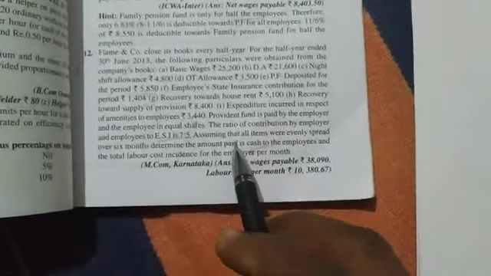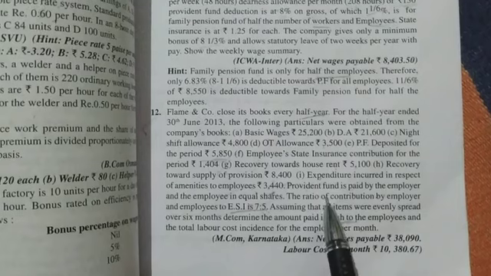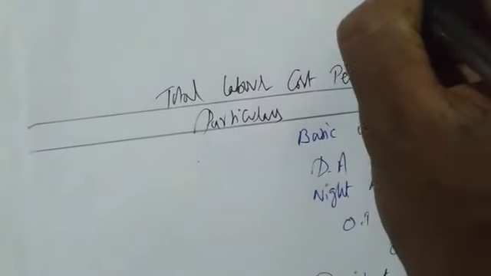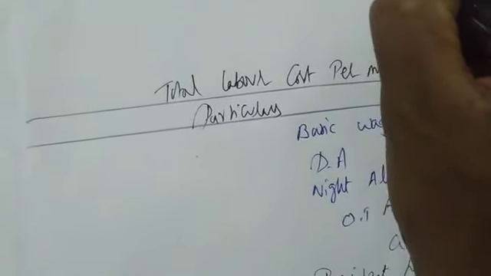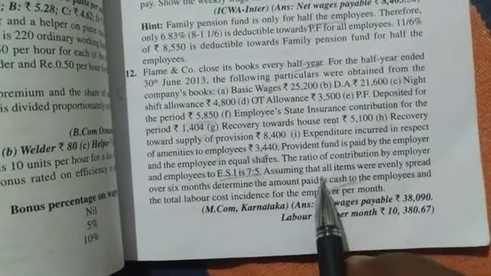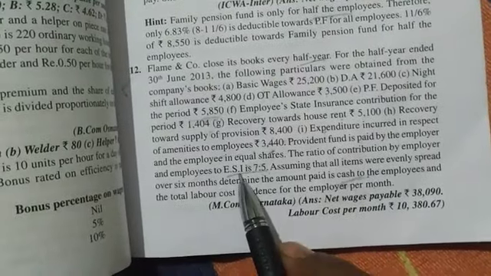Okay, next, after provident fund, what do we have? Next is ESI, 1404, and the ratio is 5/12. See, first what he says: the ratio of contribution by employer and employee to ESI.